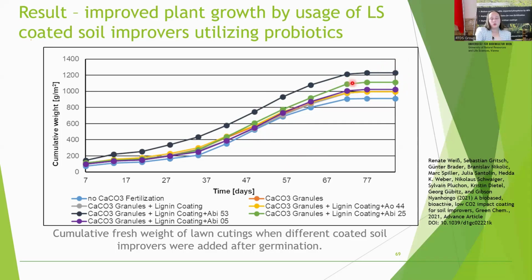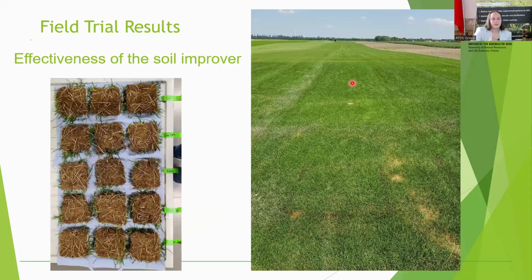So therefore, we chose these two strains to go into further testing in field trials. And first we went into field trials, again in lawn, where we could show the effectiveness by seeing the better structure of the root system when the microorganism, the probiotic, is in the system.